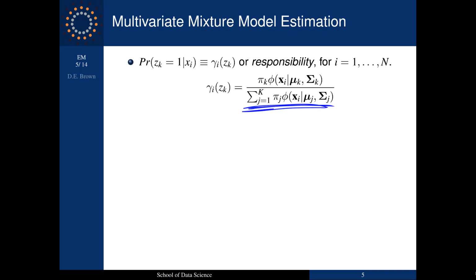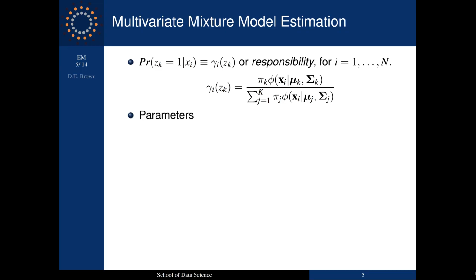And then this is normalized by summing over all of those. So for all possible components, what's the probability that it's associated with it, or the likelihood that it's associated with it? We're summing over all of those in the denominator, and that makes sure that these responsibilities in turn sum to 1.